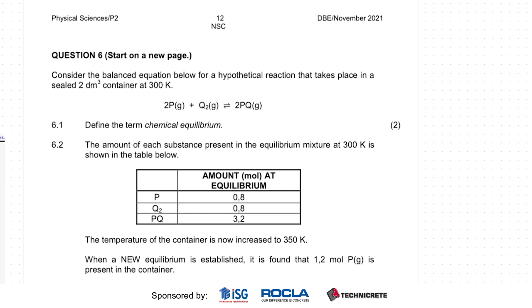Consider the balanced equation below for a hypothetical reaction that takes place in a sealed 2 dm³ container at 300 Kelvin.